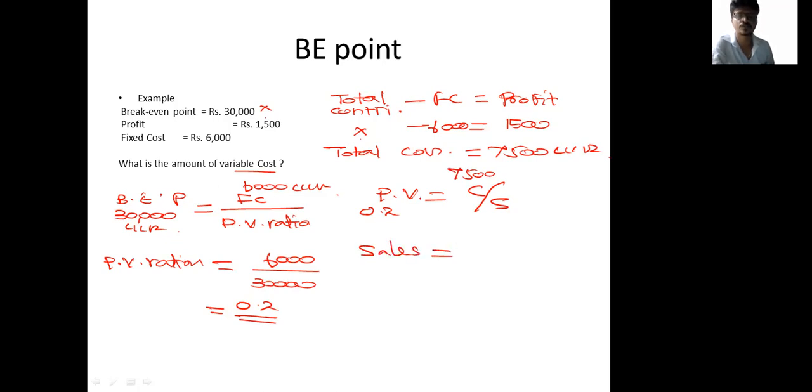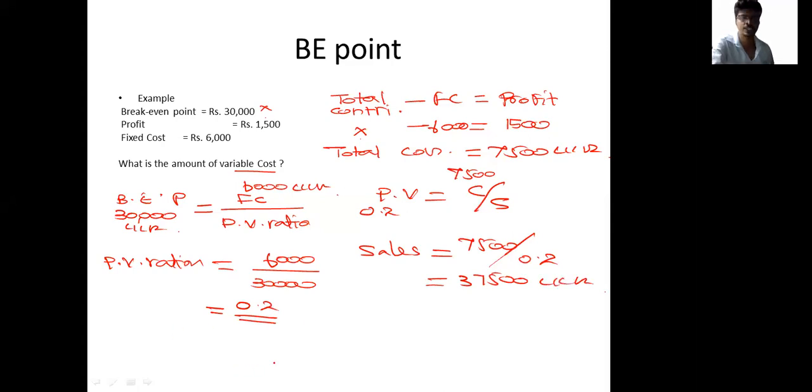Sales equals 7,500 divided by 0.2. Let's calculate. 7,500 divided by 0.2 is 37,500.